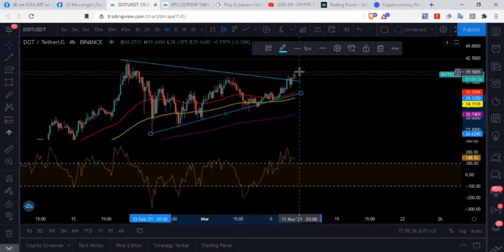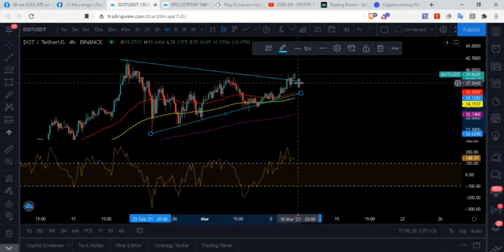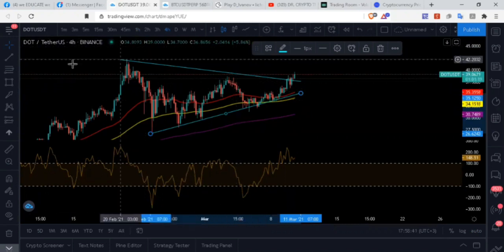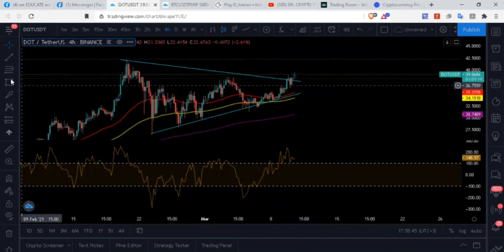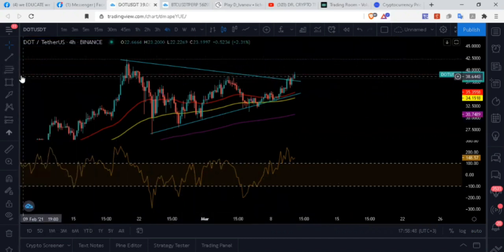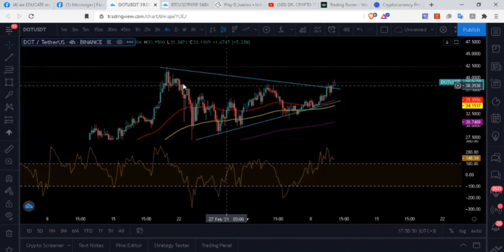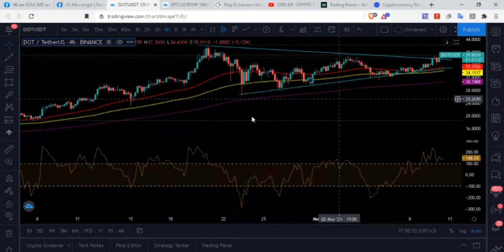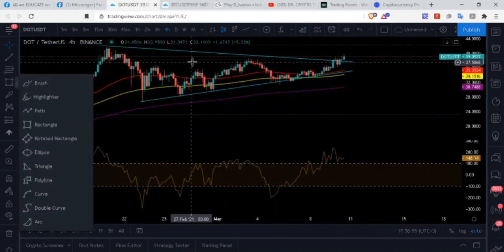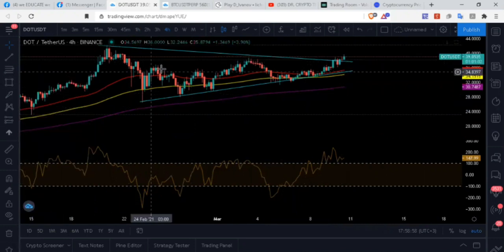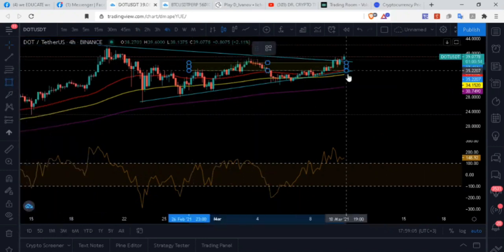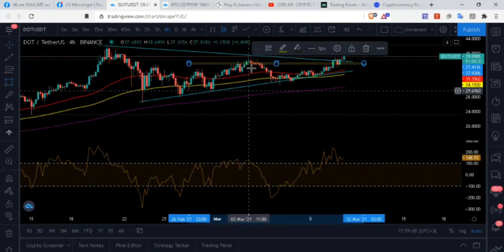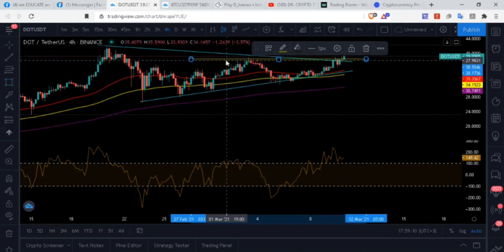So we will wait for the resistance here. So here is the resistance. We will test the resistance that becomes support.